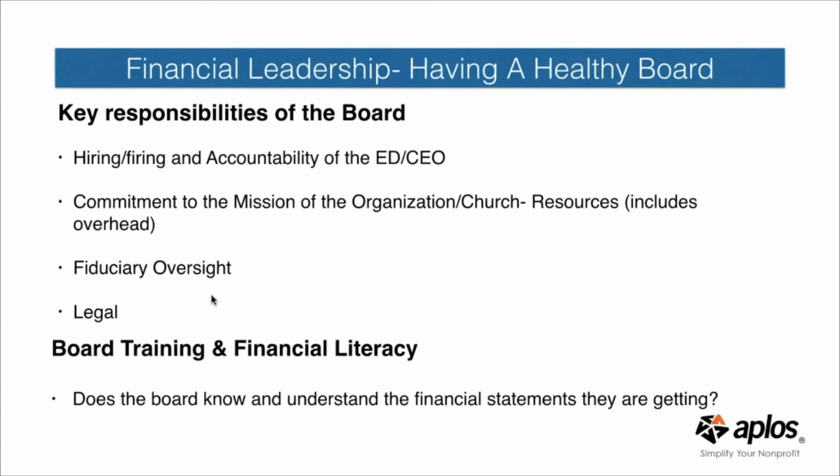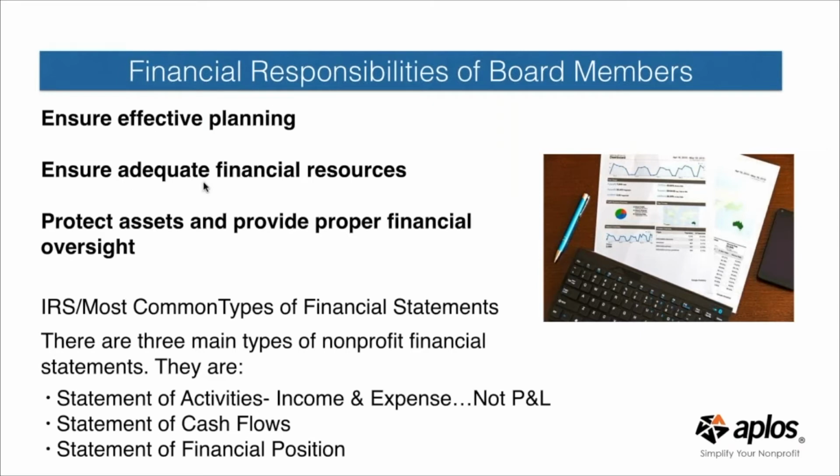This was a very well-known public entity in our community, and they had to close, and it was very, very sad. So the question, as you think about the financial responsibilities of the board, is: does the board, and you as a board member, understand the financial statements?